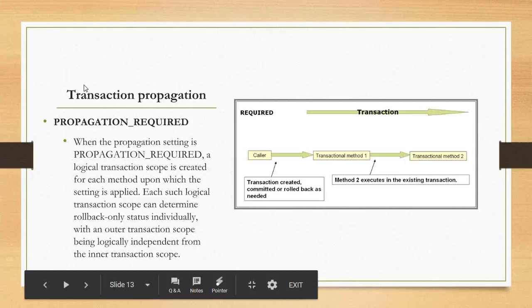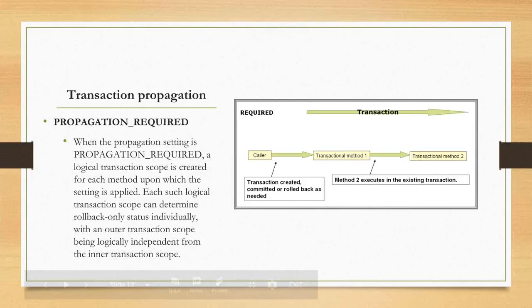So propagation required indicates that when the propagation setting is PROPAGATION_REQUIRED, a logical transaction scope is created for each method upon which the setting is applied. Each such logical transaction scope can determine rollback-only status individually, with an outer transaction scope being logically independent of the inner transaction scope.